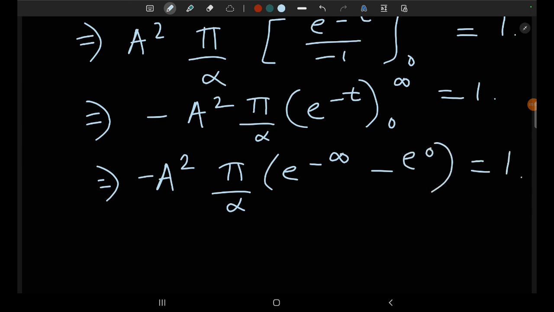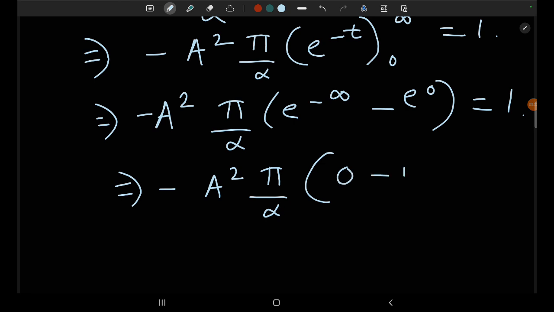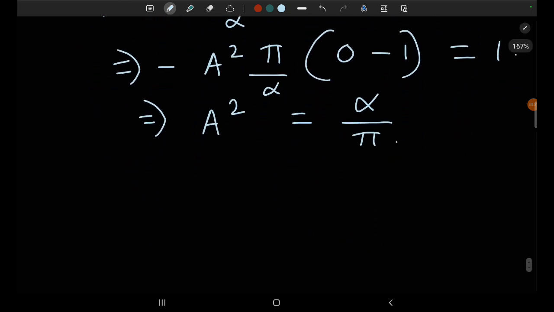E to the power minus infinity is 1 by e to the power infinity, which is 1 by a very large number, which tends to 0. So this became minus a squared pi upon alpha times 0 minus 1. We don't forget the negative sign, and a squared is equal to alpha by pi.